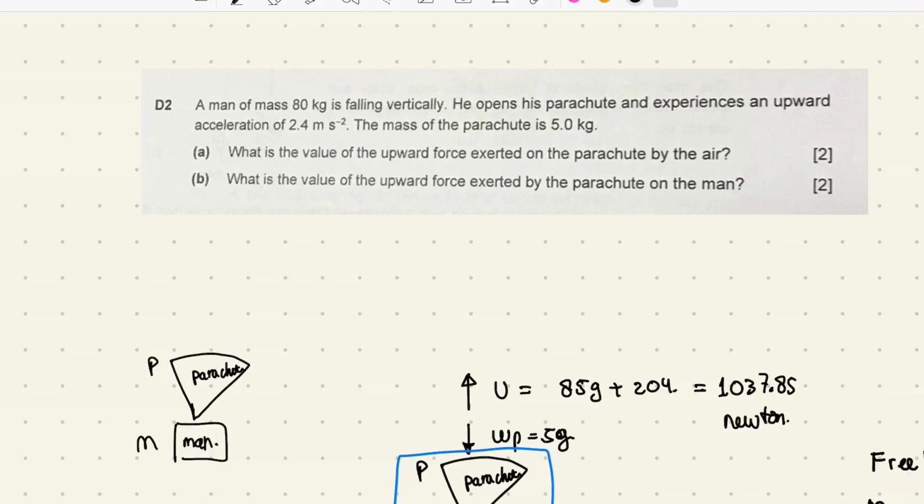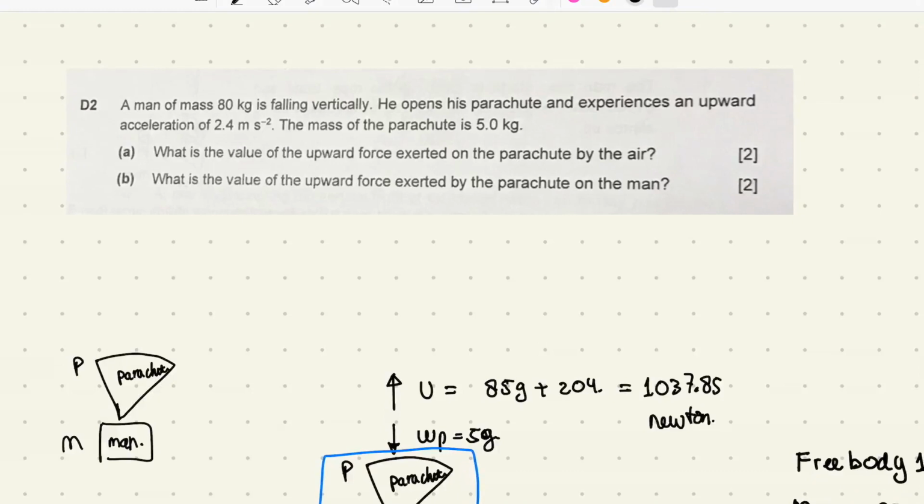Okay, now we do question D2. A man of mass 80 kg is falling vertically. He opens his parachute and experiences an upward acceleration. Upward. That's very important, upward. It seems strange for some people why the acceleration is upward.